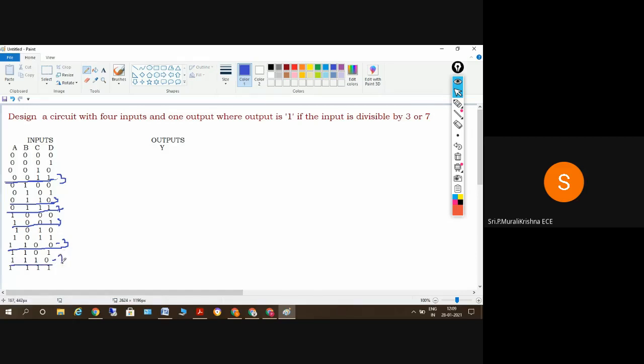So these are all ones, and the remaining are all zeros. That is the problem statement we have to understand.